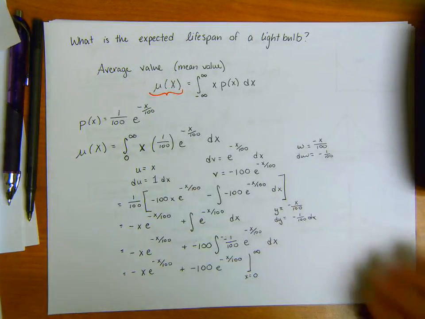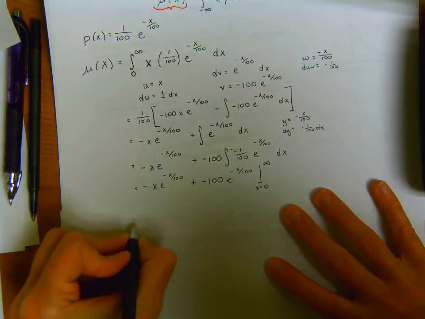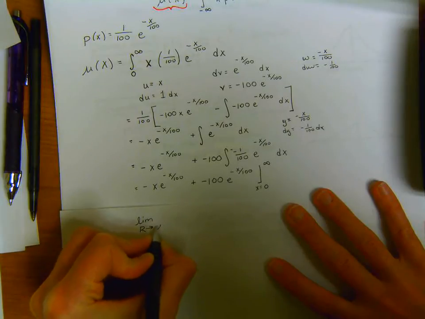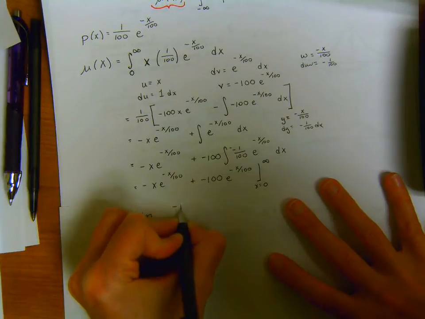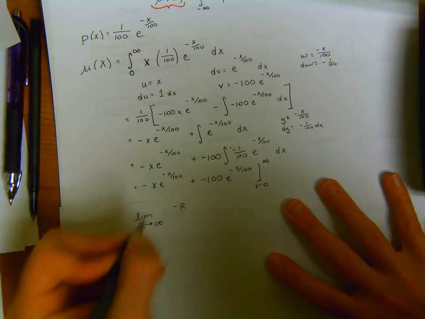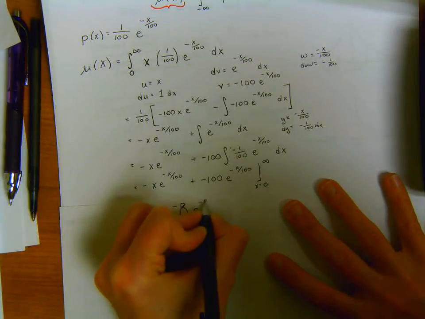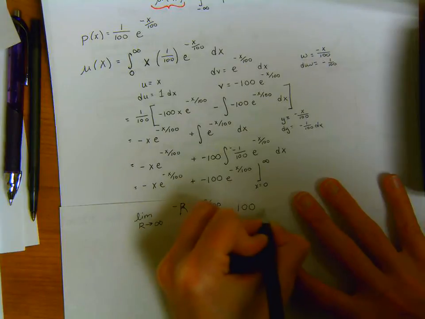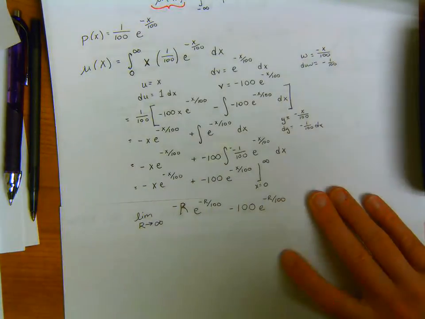New sheet of paper. So I'm looking at the limit as r approaches infinity of negative r e to the negative r over 100 minus 100 e to the negative r divided by 100.